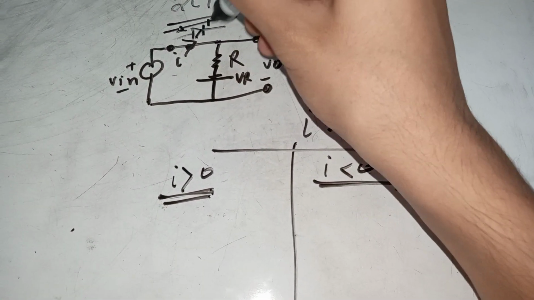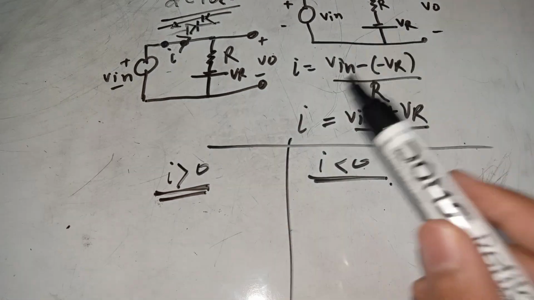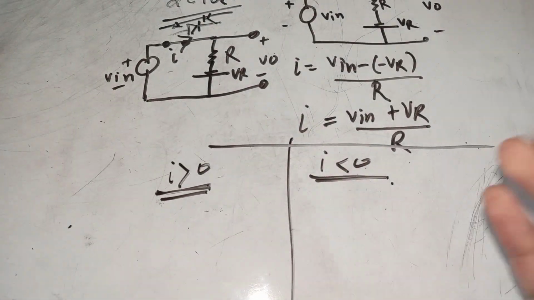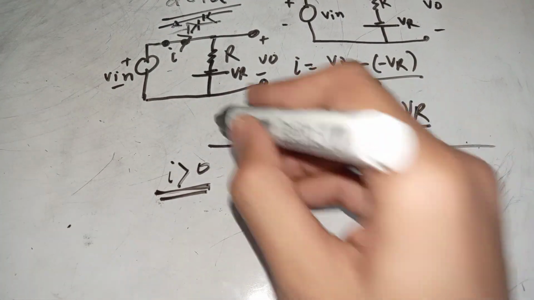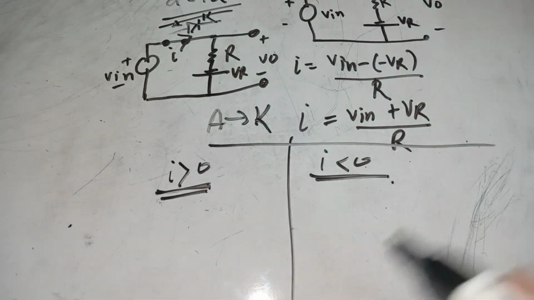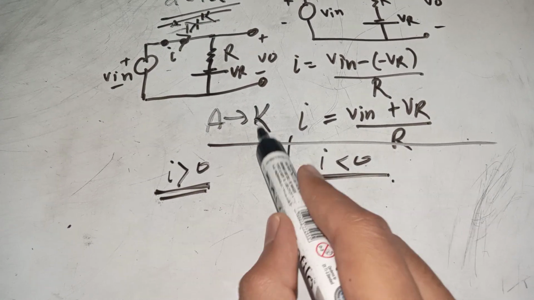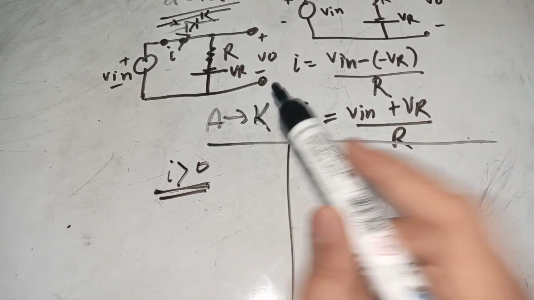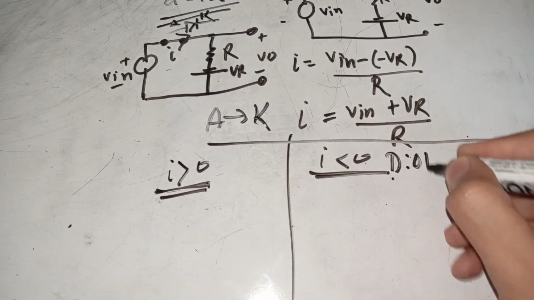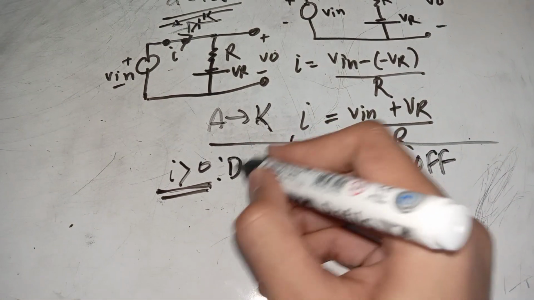In a diode, current can never flow from cathode to anode, only from anode to cathode. So we have assumed it to flow from A to K. Now if I is less than 0, that is, current is flowing from K to A, which is not possible. So in that case the diode will be considered off, and otherwise we consider the diode to be on.